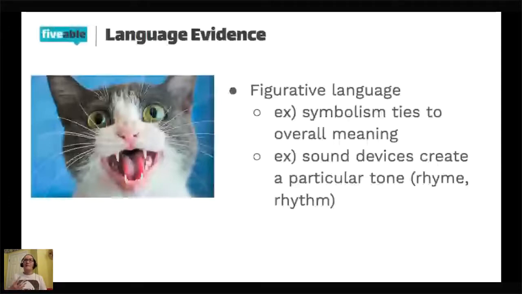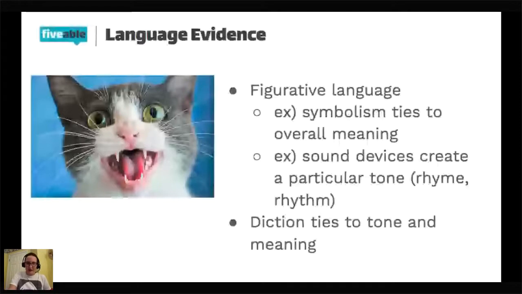So it's doing a rhythm that mimics its title. So that's how you use rhythm or sound devices to prove a point. Don't just point it out, use it to your advantage. And then diction ties to tone and meaning. So use diction if you're not doing it.